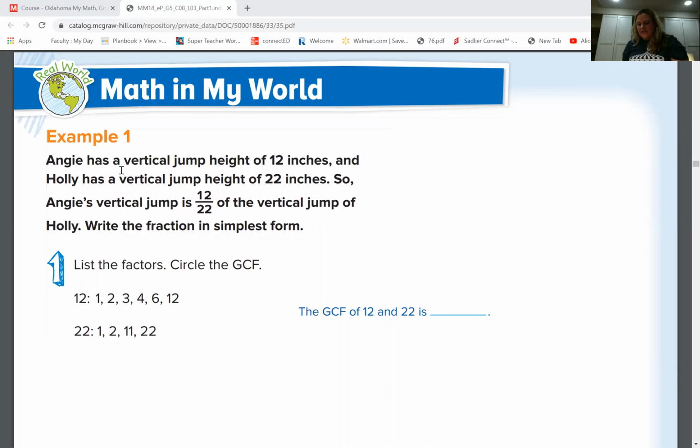Your book, page 563. On page 563, it says a fraction is written in simplest form when the greatest common factor of both the numerator and the denominator is 1. So we think of it as, what can we divide the numerator, the number on the top, by, that we can also divide the denominator by?